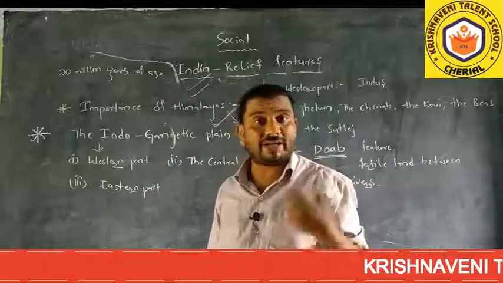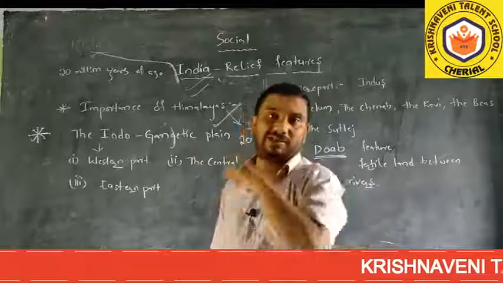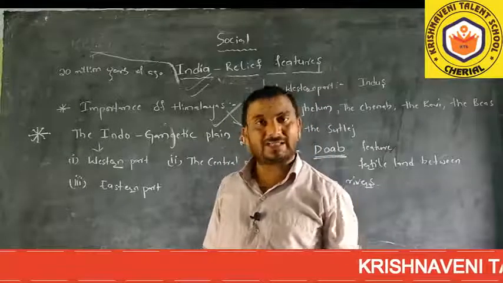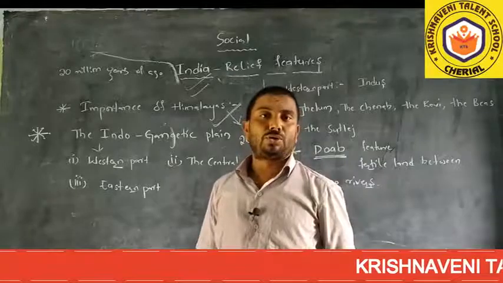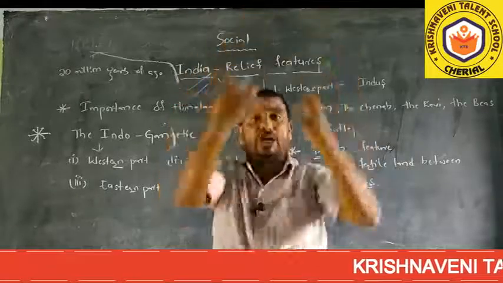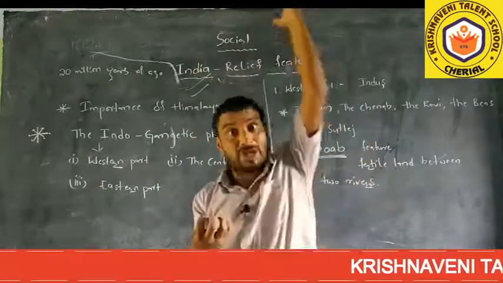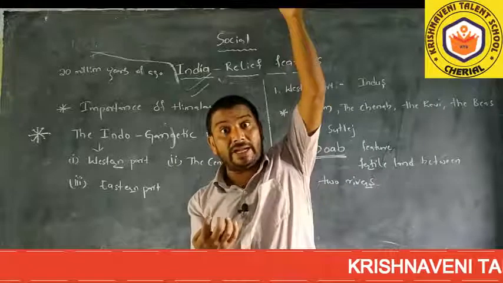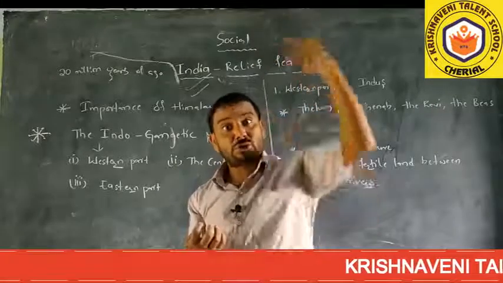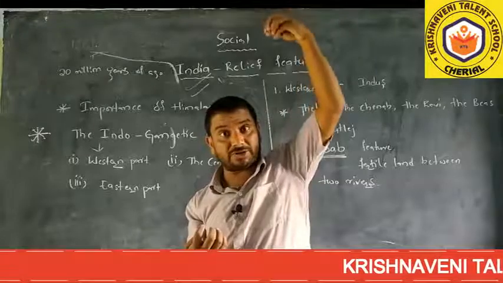Who brought it? Not me, not you. These three rivers, Ganga, Indus, Brahmaputra, brought alluvium soil from the Himalayan mountains. These rivers flow from Himadri, Himachal, Shivalik.